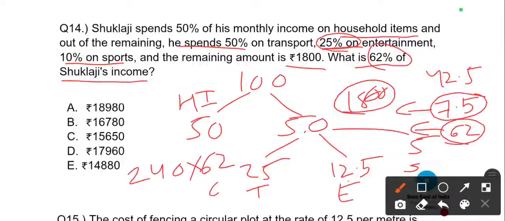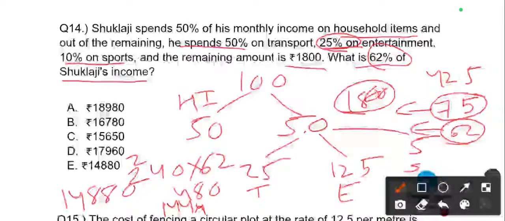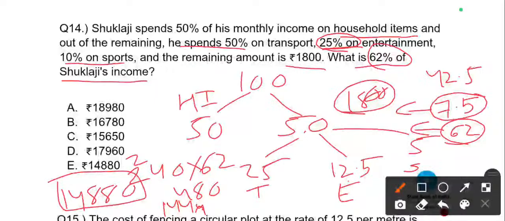So 6 4 times 24, 6 2 times 12 plus 2, 14. Answer is 14880. Tarun Reddy, welcome to the channel, and this is the right answer, option E.